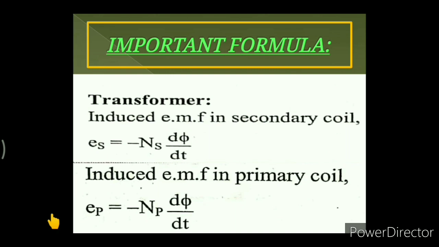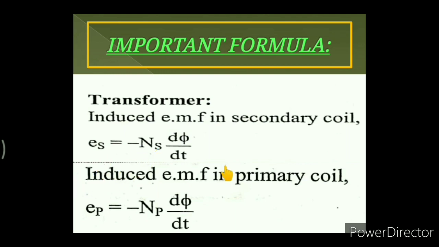Then the induced EMF in the secondary coil is given as ES, which is equal to NS into d phi upon dt, where NS is the number of turns of the secondary coil there.